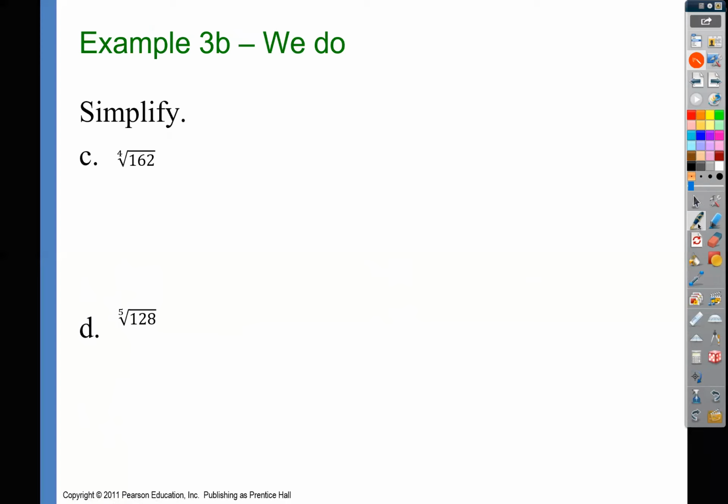Okay, now these are getting a little harder because the root is getting a little bit bigger. Okay, so the fourth root of 162, I can break into the fourth root of 81 times the fourth root of 2. The fourth root of 81 is 3, so 3 times the fourth root of 2 would be your answer.